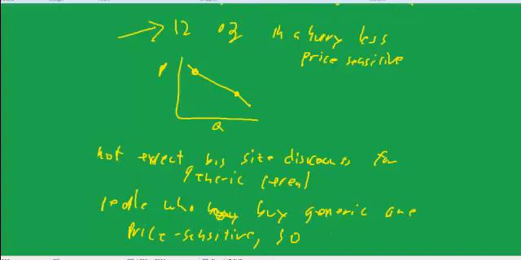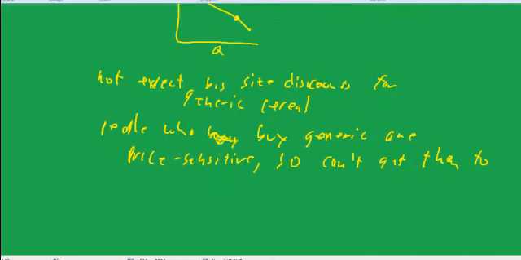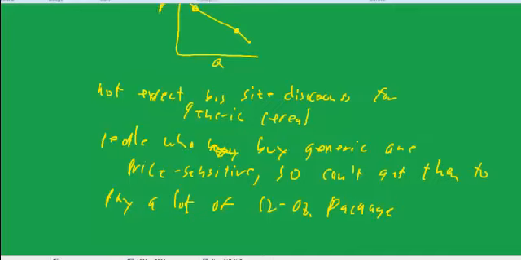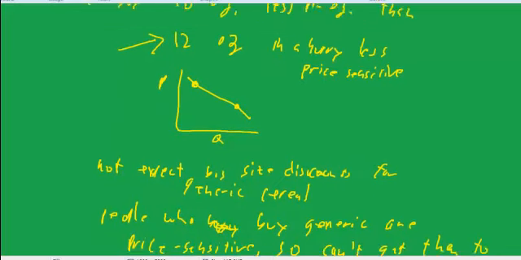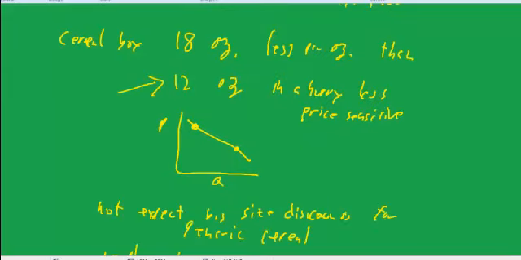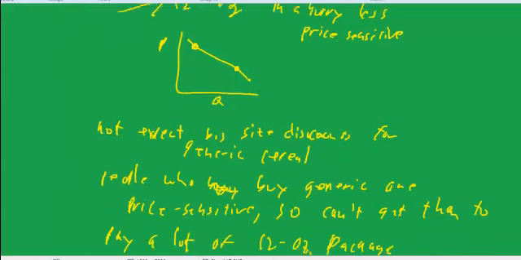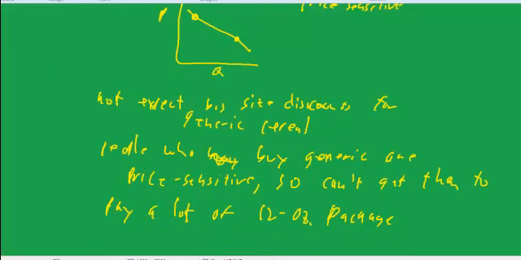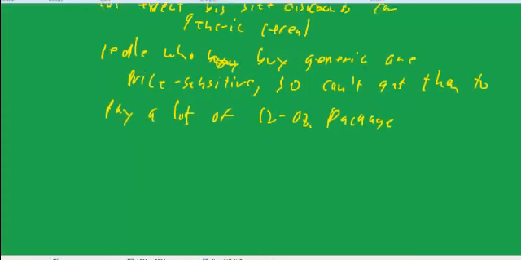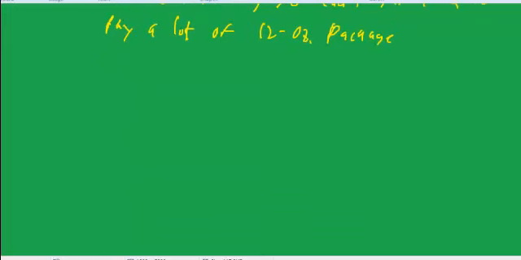So you can't get them to pay a lot for the 12-ounce package. So you don't bother with that. My hypothesis would be that the generic cereals would tend to come in one size and probably be more inclined to have the larger size than the smaller size. If somebody's in a hurry to buy the smaller size, then go ahead and have them pay the brand name markup.